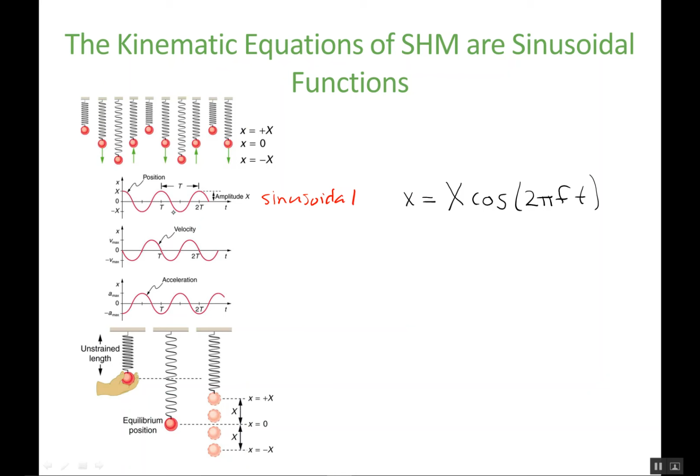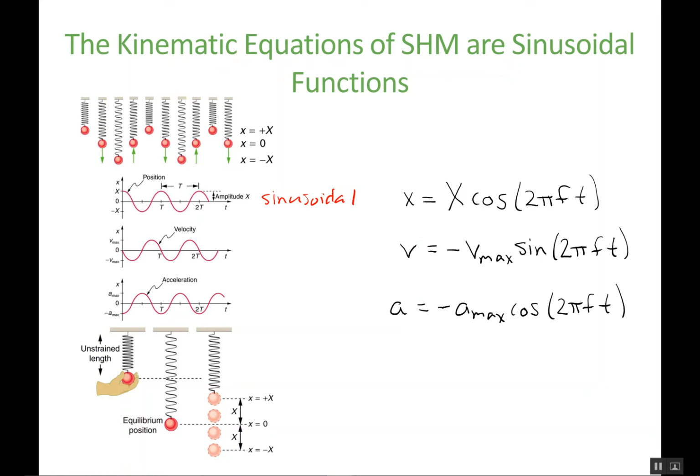If we look at this example here, the position as a function of time for this ball oscillating on a spring follows a cosine relationship, where the position at any given time t is equal to the amplitude of the oscillation times the cosine of this function, which depends on time and also the frequency of the oscillation.